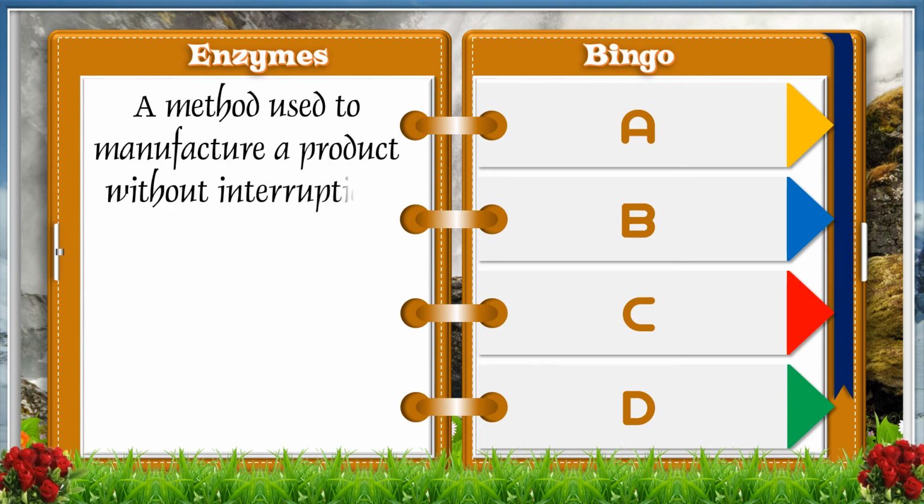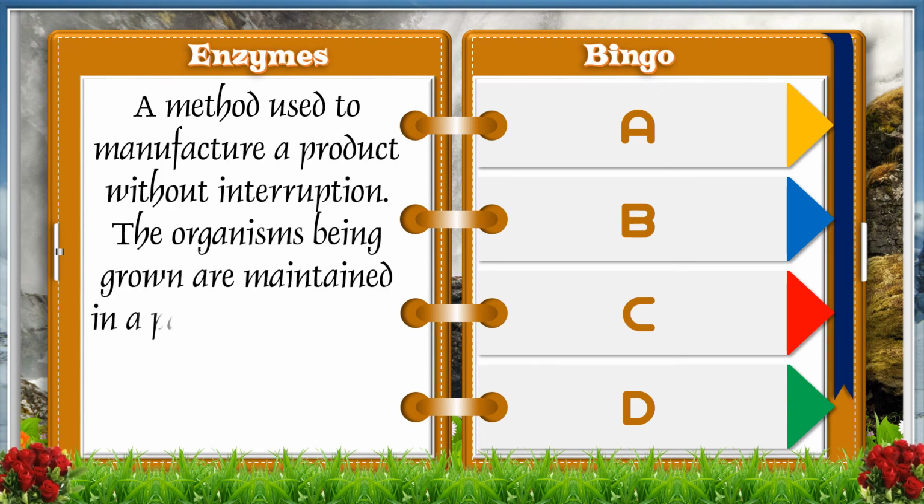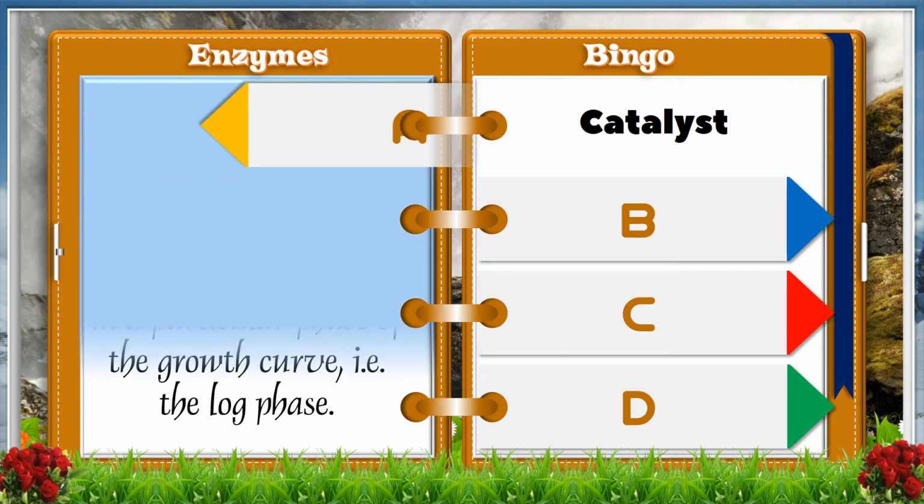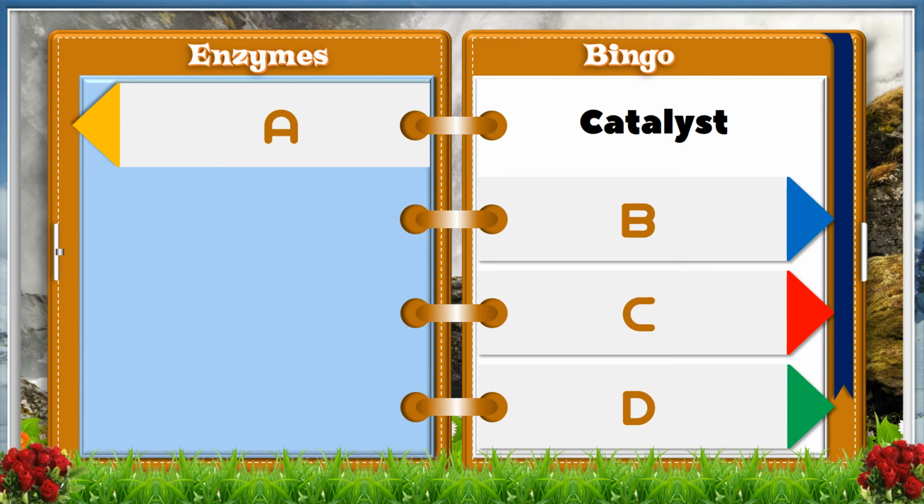A method used to manufacture a product without interruption. The organism being grown are maintained in a particular phase of the growth curve, i.e., the log phase. A. Catalyst.